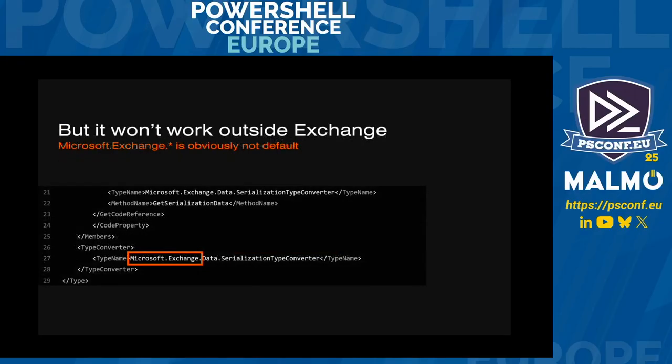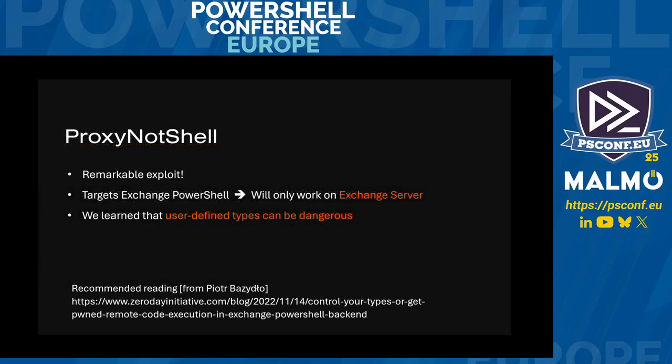Meaning that if you're on an Exchange server when this was still vulnerable, you were able to execute code when someone imported CLIXML. That was part of that exploit. It was a multi-step exploit, but one of the parts to get code execution in the Exchange backend was to abuse CLIXML from within the Exchange PowerShell. But even if this is a super cool exploit, it will only work in Exchange, right?